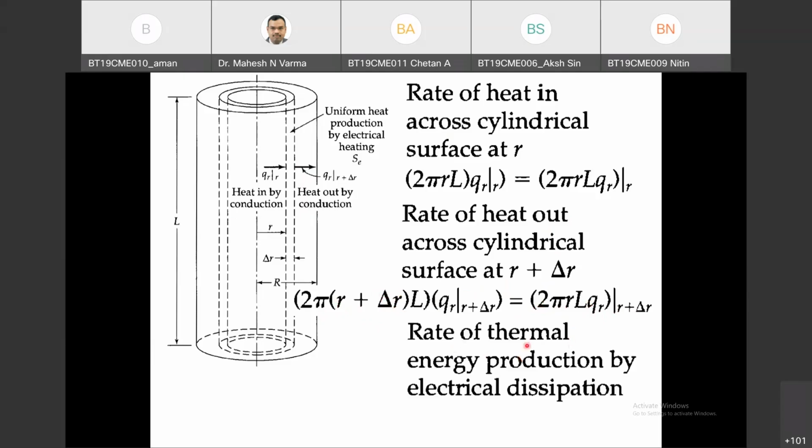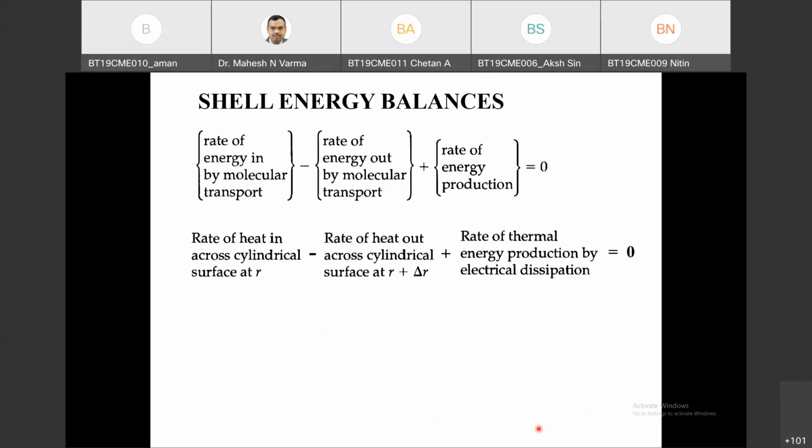And this is the rate of thermal energy produced by electrical dissipation. Here electrical energy is lost and converted to thermal energy, and that will be per volume. The volume of the shell is twice pi r delta r into L, into Se. So rearranging and substituting this in this equation, what will we get?